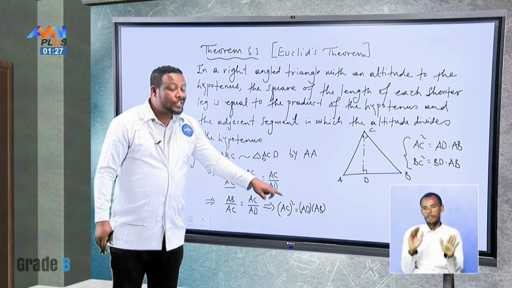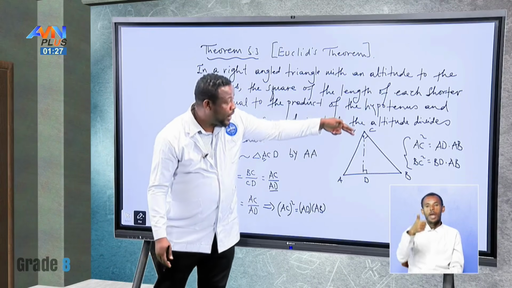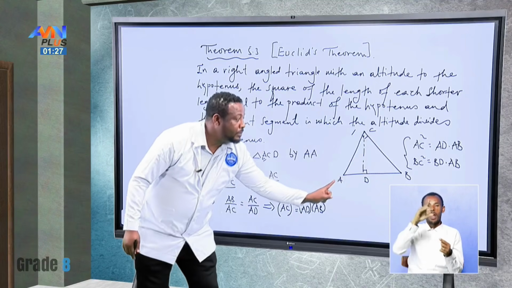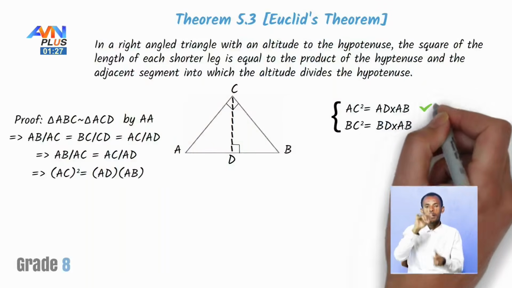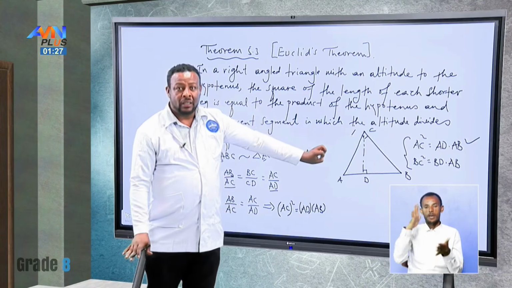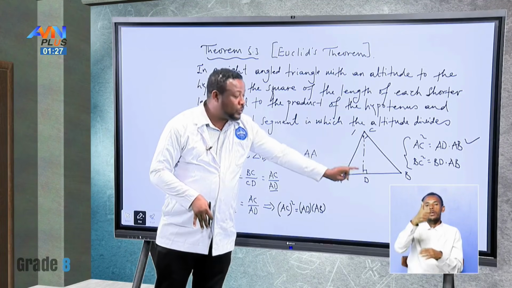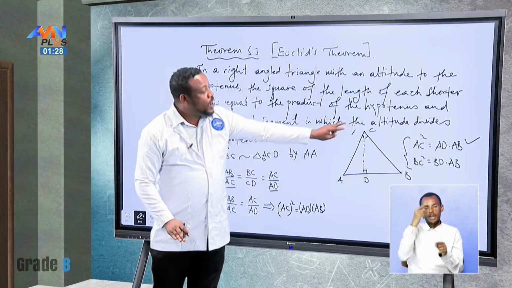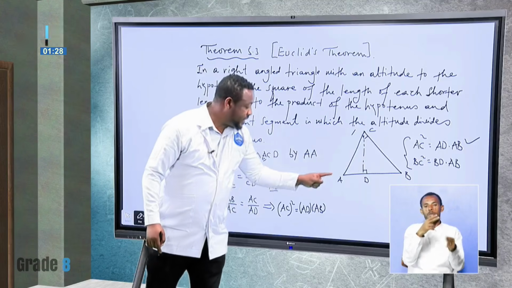So this tells us AC squared is equal to AD times AB. If we have a right triangle with an altitude drawn from the 90 degree angle to the hypotenuse, then the square of each leg is equal to the product of the hypotenuse and the adjacent side.